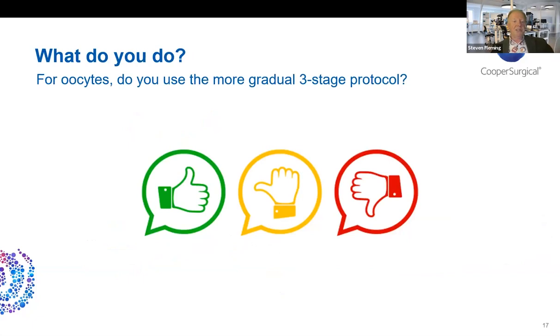So what do you do? This is just a yes, don't know, or no. For oocytes, do you use the more gradual sequential addition of equilibration medium?